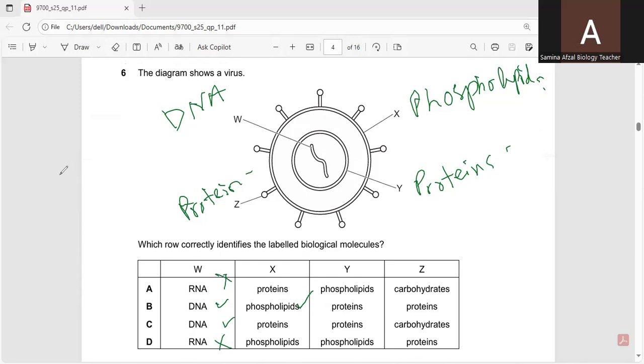Y is protein and Z is protein. According to this, B is the correct option. A, C, and D are not the correct options.